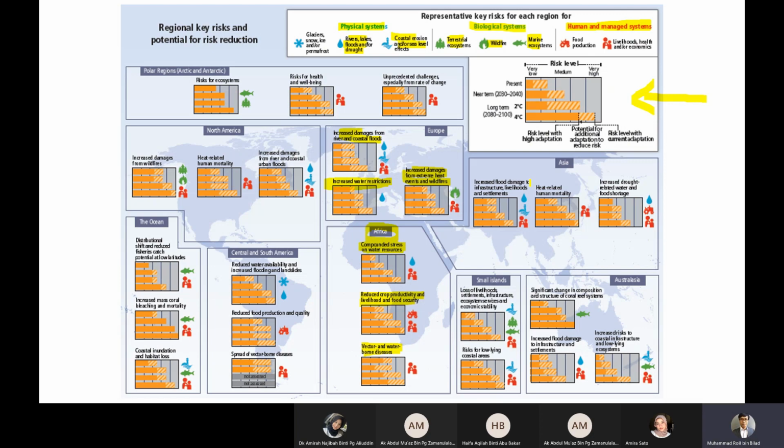In Indonesia, you miscount how many floods, it happens every rainy season. Heat-related human mortality probably has not happened to us. Increased drought-related water and food shortage. I don't know how they come up with this graph.